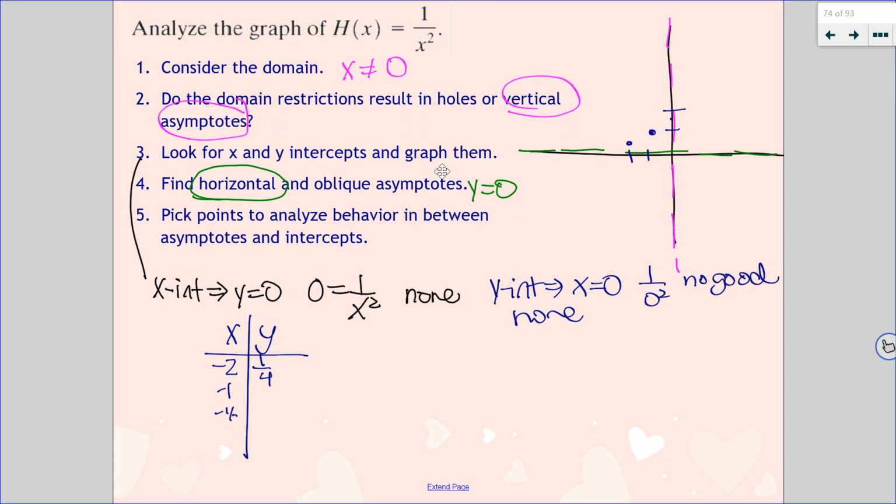I'm going to do -1/2. What is y? You gotta flip it over, because you do -1/2 squared is +1/4, 1 over 1/4 is 4.